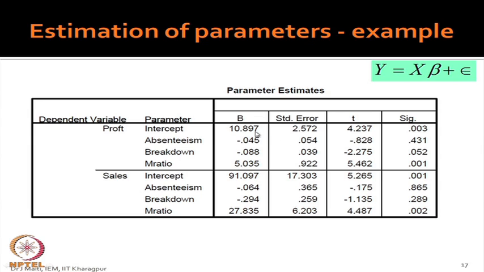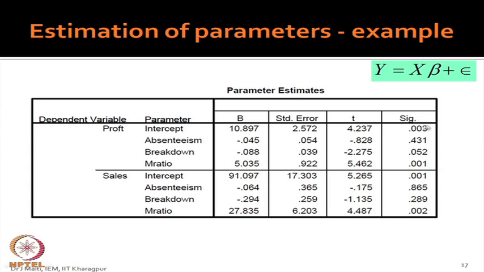So, 10.89 divided by 2.5, how much is it coming? If I multiply this into 4, I think it comes to exactly this. So, for the intercept the T value is 4.237.